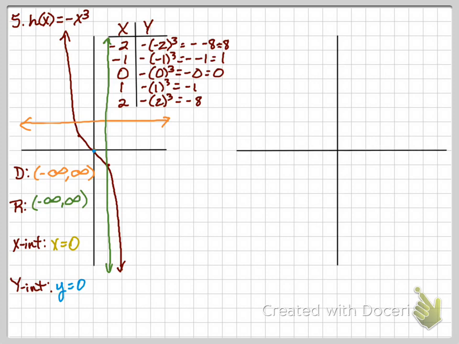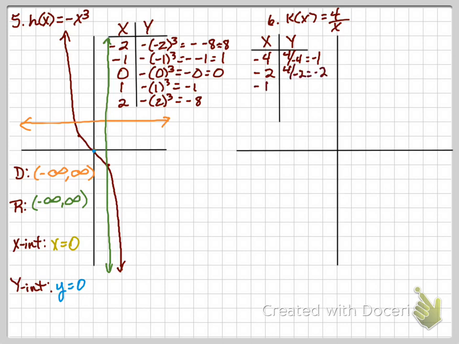Okay, number 6. K of x equals 4 over x. Table of values. We're going to go from -4 to -2 to -1, 0, 1, 2, and 4.